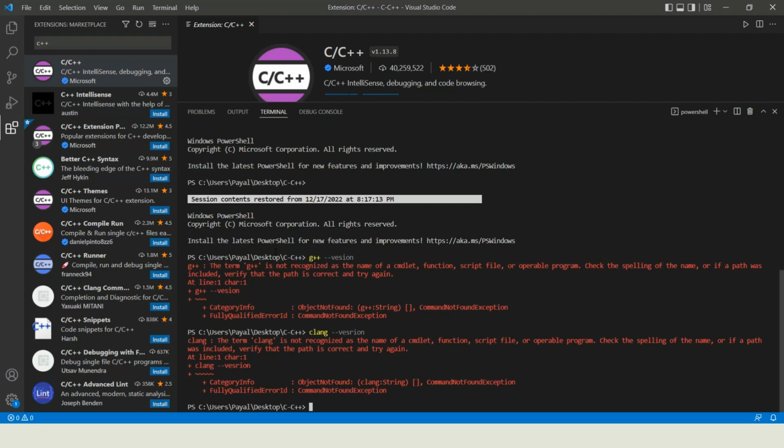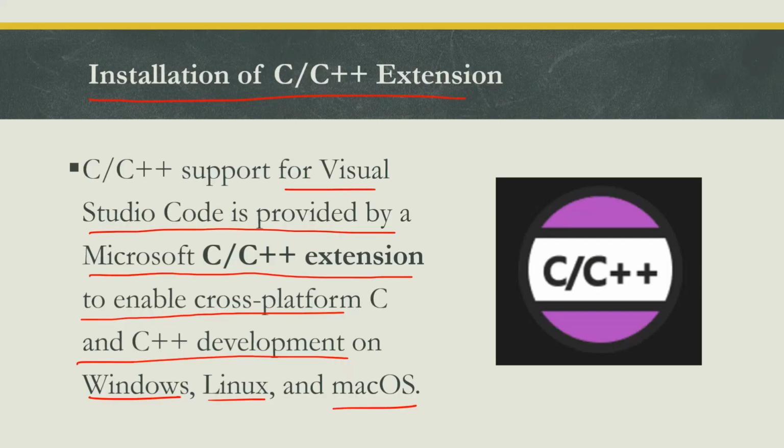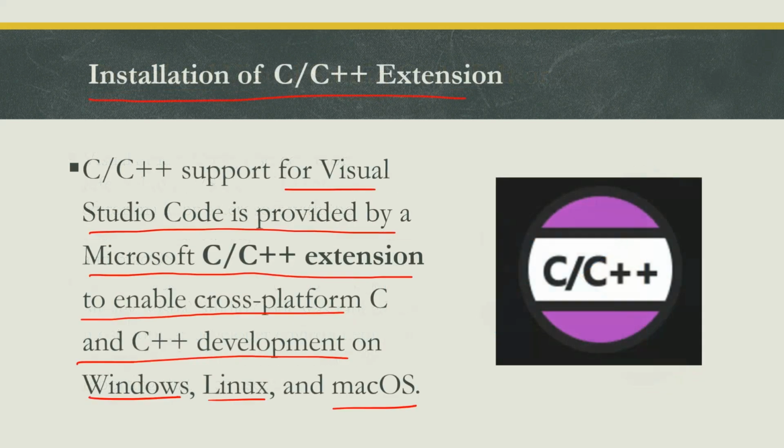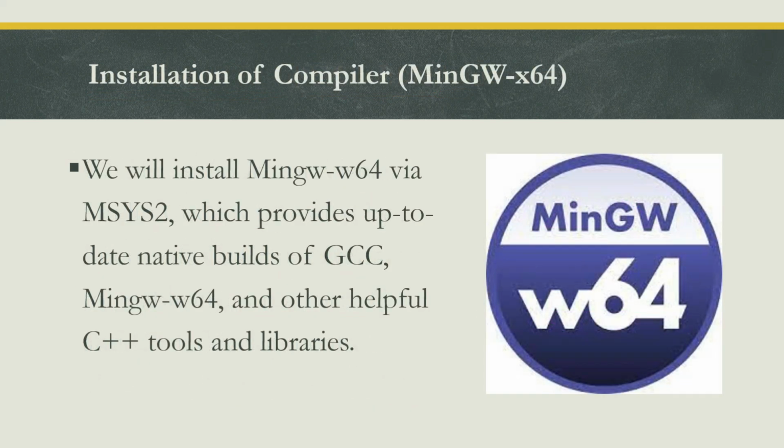I will install MinGW x64 using MSYS2. So what is MSYS2? First of all, up to this point we have downloaded and installed Visual Studio Code, then we have installed the C/C++ extension. Our next step is to install the compiler MinGW x64.